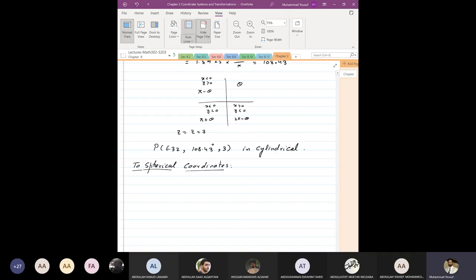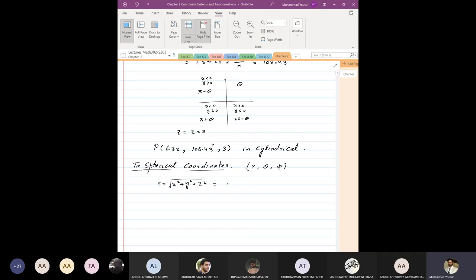In spherical coordinates, the spherical coordinates are r, theta, and phi. R is the square root of x square plus y square plus z square.